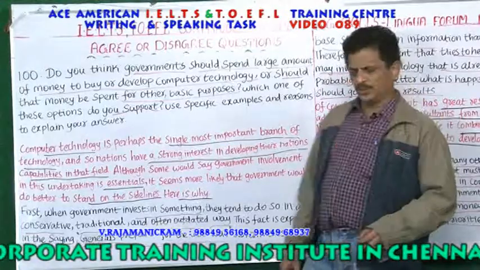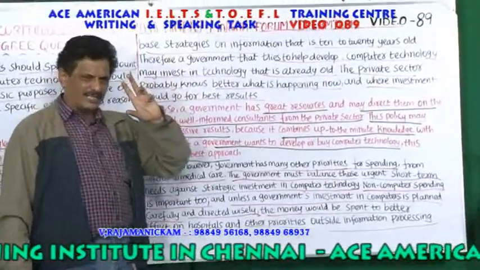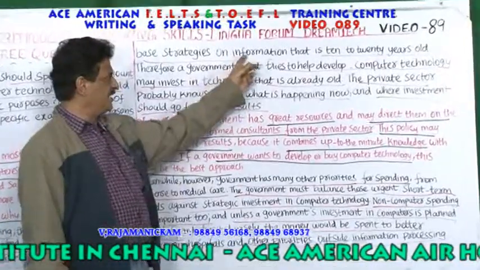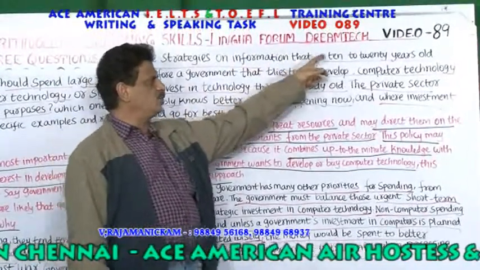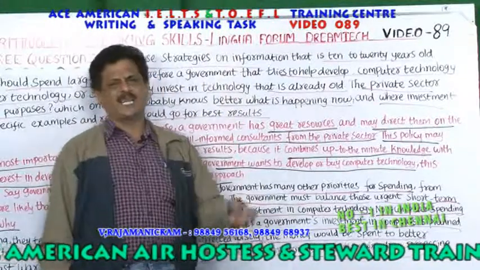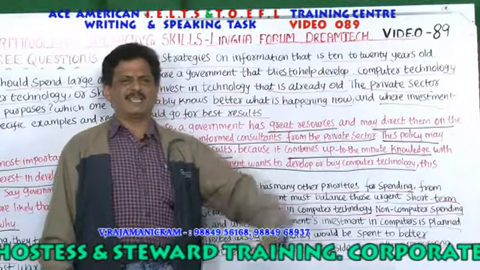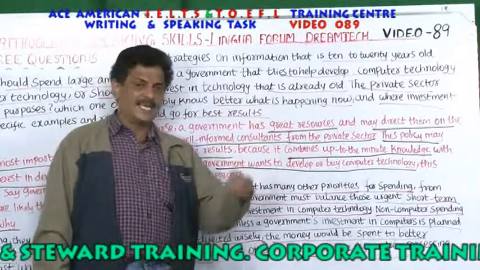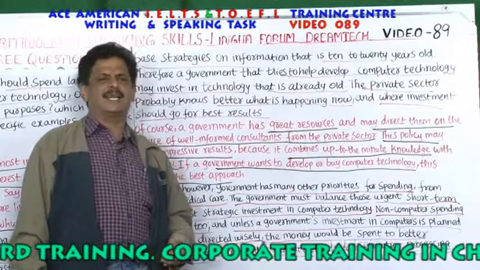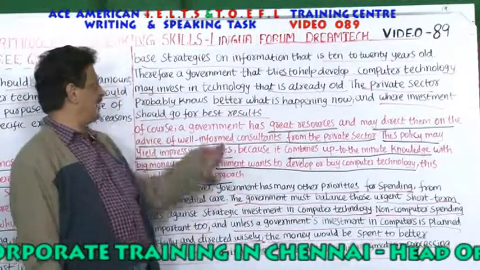Governments usually, அரசாங்கங்கள் பொதுவாகவே base strategies, தங்களுடைய திட்டங்களை on information that is 10 to 20 years old. அரசாங்கம் பொதுவாகவே எந்த திட்டத்தை எடுத்தாலும் ஒரு பழமை 20 வருடம் பின்னோக்கி போன திட்டத்தைத்தான் உபயோகப்படுத்துவார்களே ஒழிய தற்காலிக நிகழ்காலத்திலே புதிய கண்டுபிடிப்புகளில் அவர்கள் கொள்முதல் பண்ணுவதில்லை.